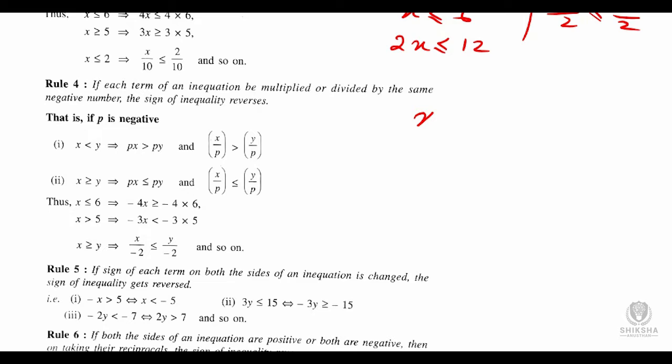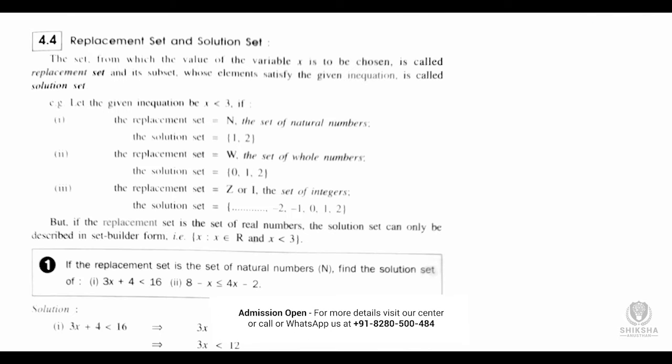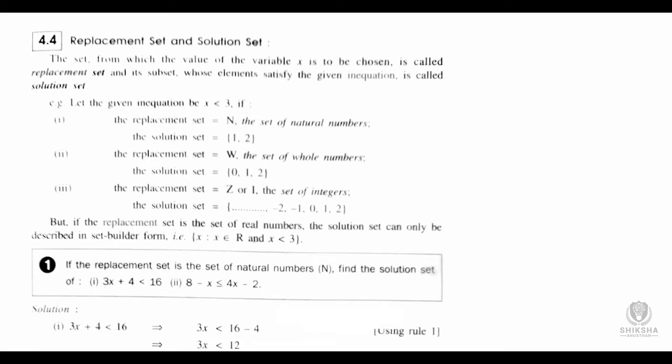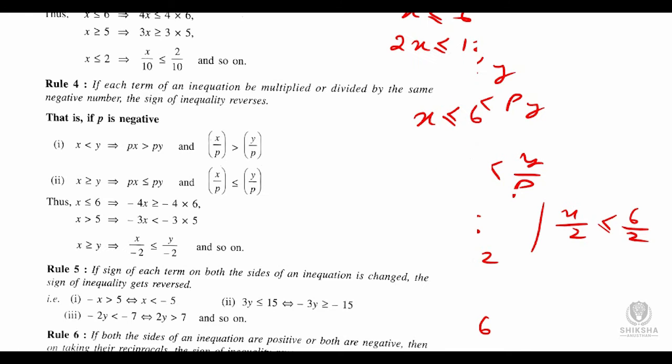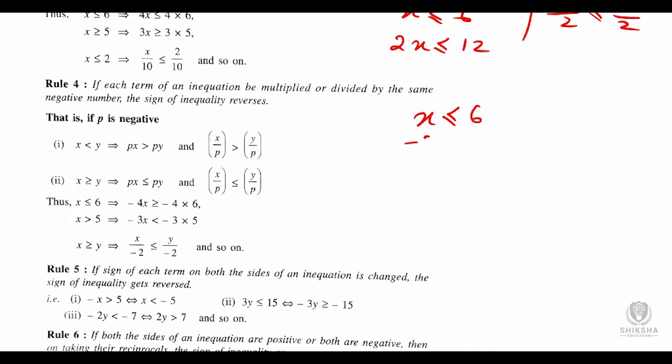Like if x less than or equal to 6, and if you multiply by minus 2 on both sides, it will become minus 2x, it will become minus 12, but the sign will change. The sign will change to the opposite one.